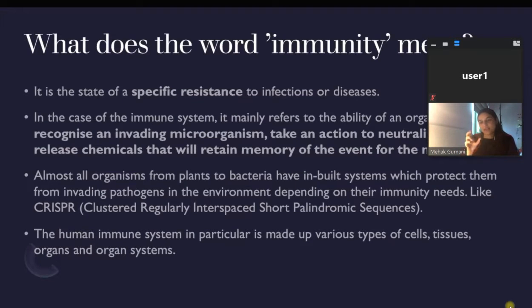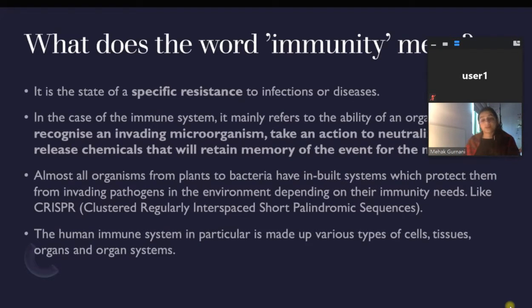What it does by itself is that it cuts portions of the invading microorganism's gene, and in fact incorporates it as part of its own DNA or its own genome, which basically means it has a memory of it the next time the same pathogen invades it. So it's almost like it has resistance to it. That is quite interesting. It's a very common example that's used in the field today.